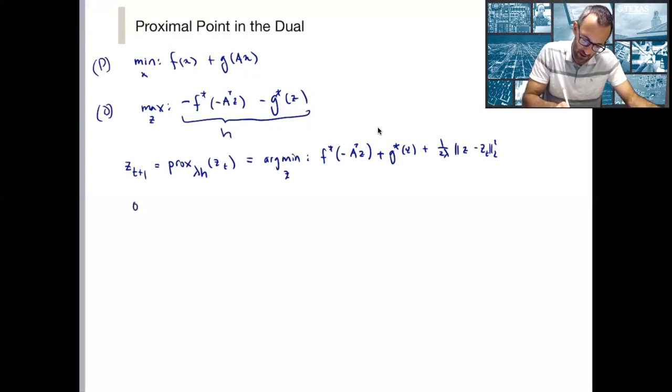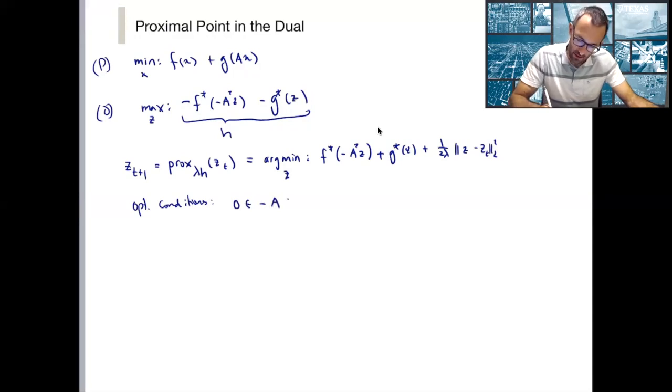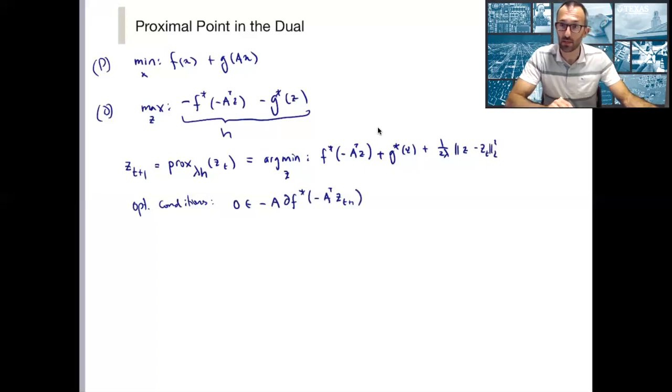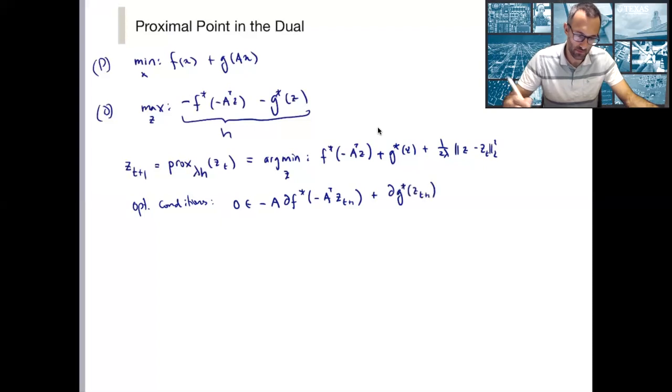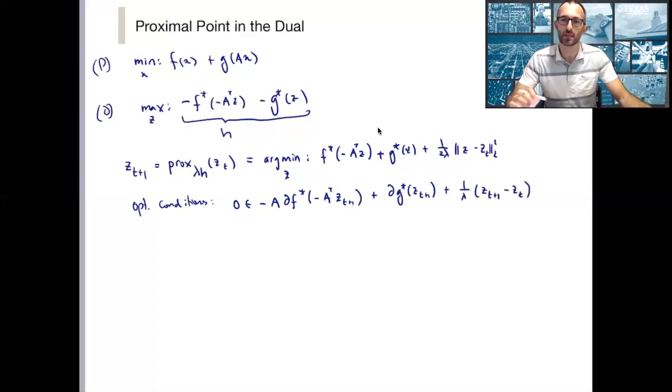The optimality conditions tell me that 0 is an element of minus A times the subdifferential of f star evaluated at minus A transpose z_{t+1}, plus the subdifferential of g star evaluated at z_{t+1}, plus 1 over λ, the 2 cancels, times z_{t+1} minus z_t. Again, these are the optimality conditions for z_{t+1} to be the optimal solution.